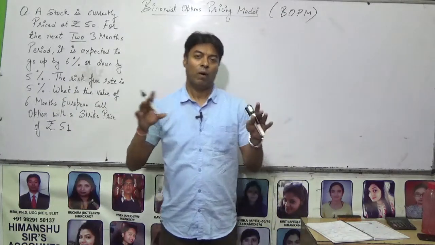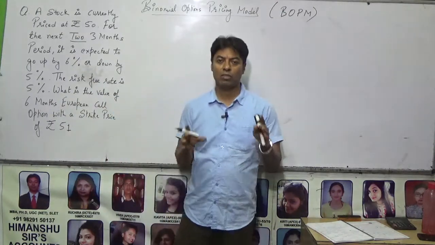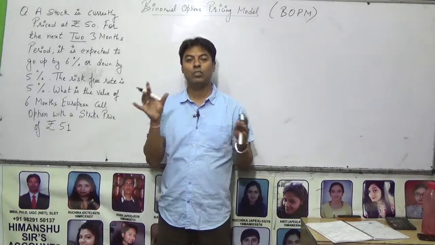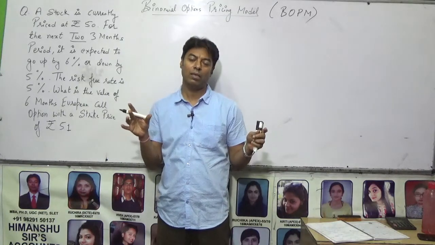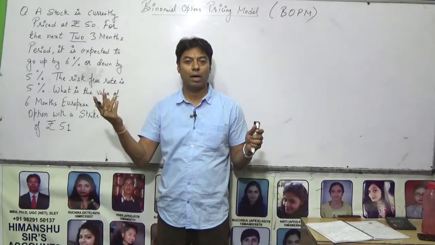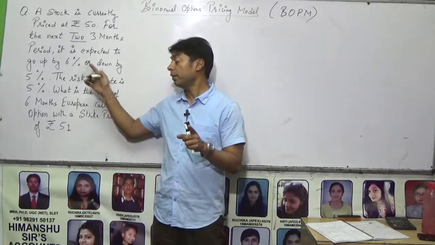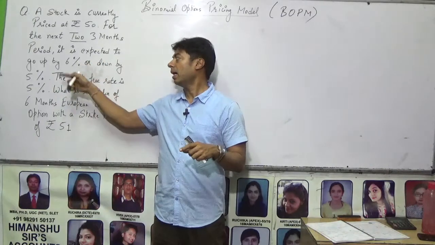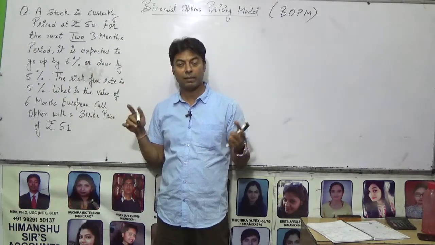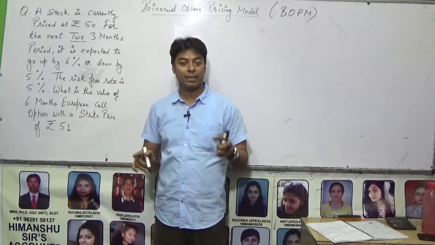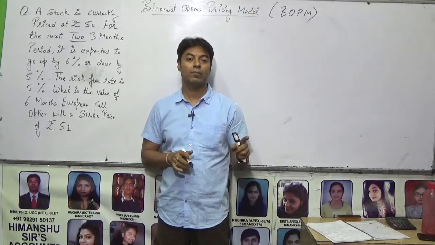See, why is it called binomial? Because the word bi indicates two. So it's a two-directional model. Either the prices can go up or the prices can go down. If the prices are increasing, they are going to increase by 6%, and if the prices are decreasing, they are going to decrease by 5%.